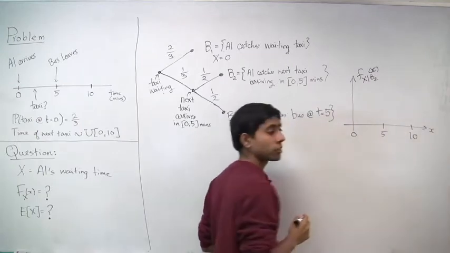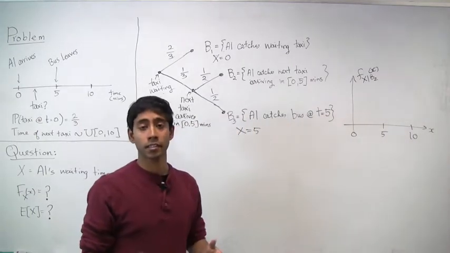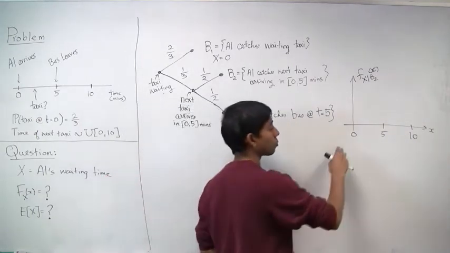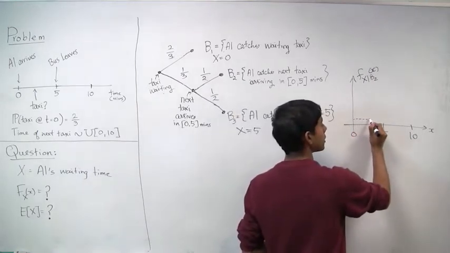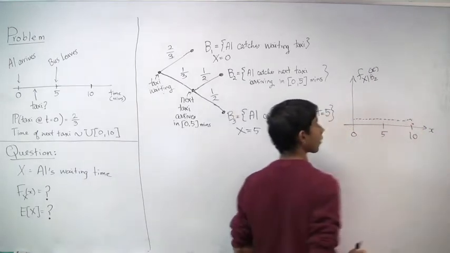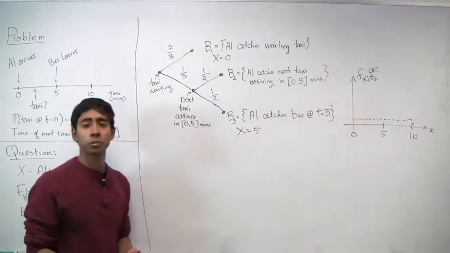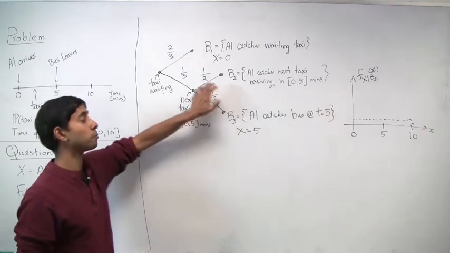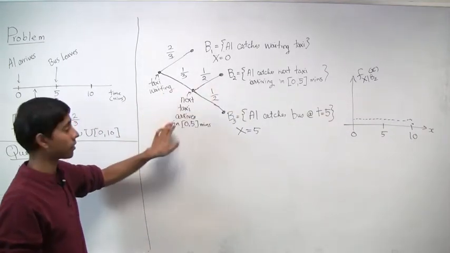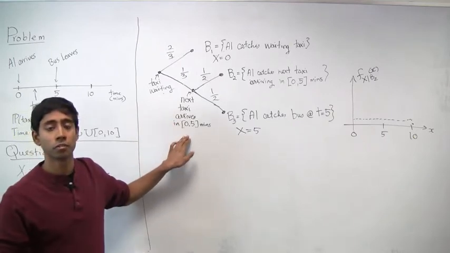Okay. The original next taxi was uniformly distributed between 0 and 10. But now we're told two pieces of information. We're told that B2 happens, which means that there was no taxi waiting, and the next taxi arrives between 0 and 5 minutes.